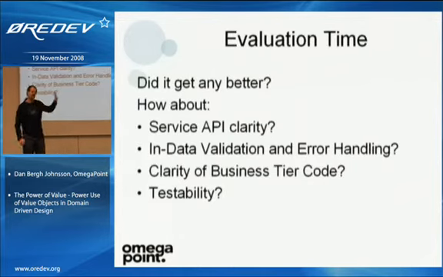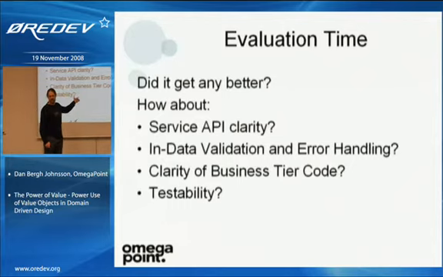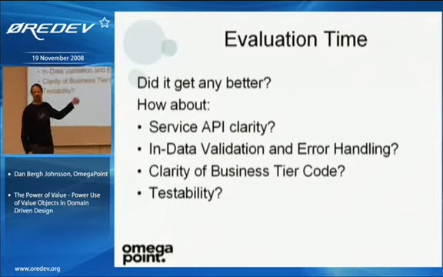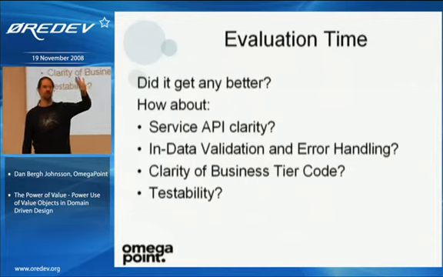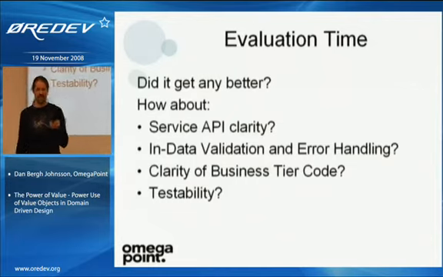Okay, so let's have a look at this. Introducing a wrapping phone number class is a no-brainer. The interesting thing is what happens when we do it. So let's look at this code from four different perspectives and see, did it get better? Let's have a look at the clarity of the service API.